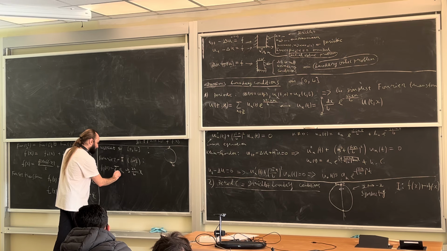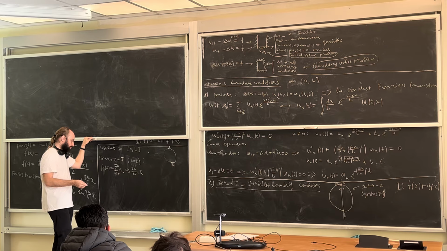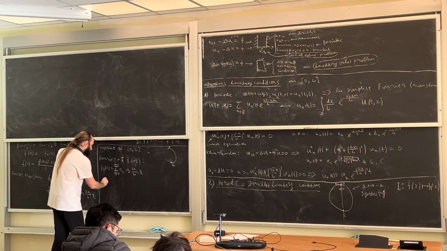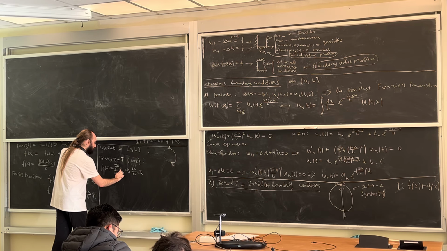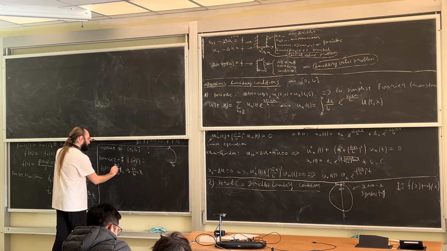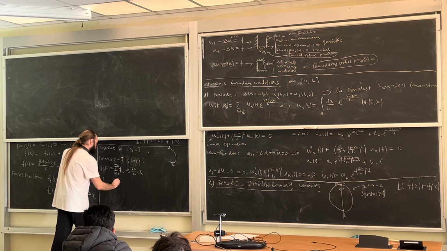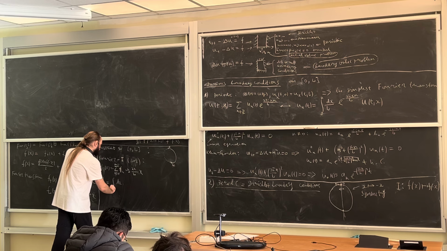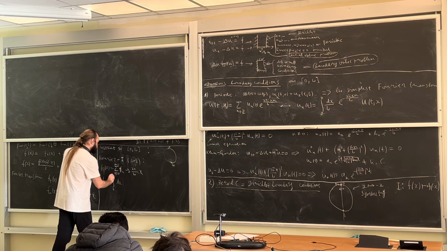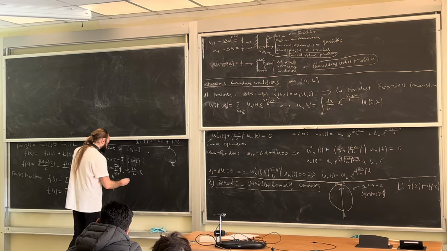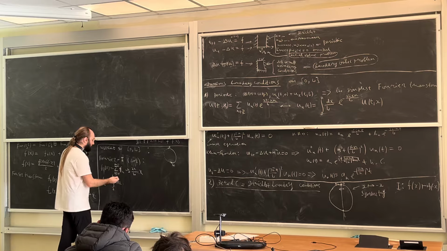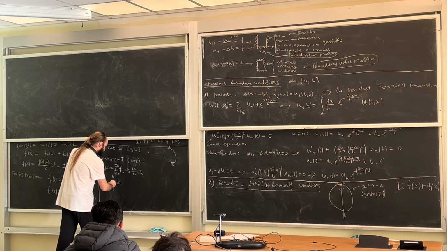So here we have a sum from n equals 0 to infinity. And the inverse Fourier transform, therefore, let us put f_n's. The inverse Fourier transform will be then some coefficient, integrated from 0 to L. Oh, this coefficient is actually 2 over L.